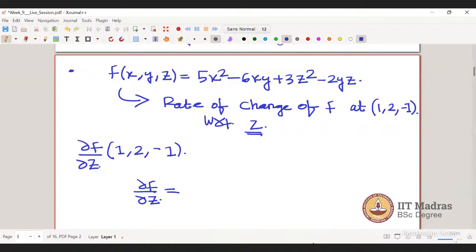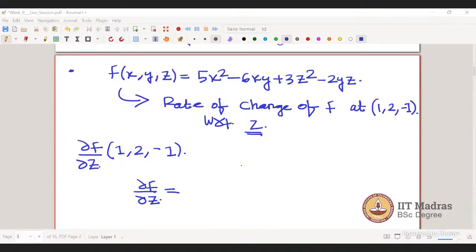As I have already said, you don't have to tell the answer in the chat box. Okay, it's fine. 6z minus 2y. So this is constant.